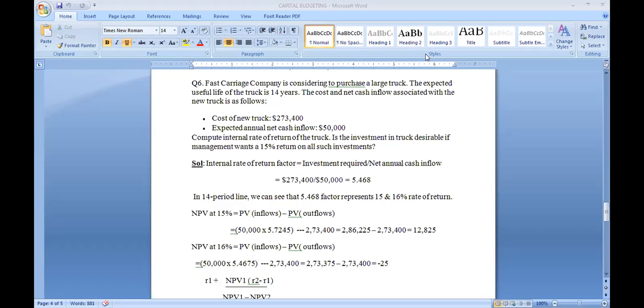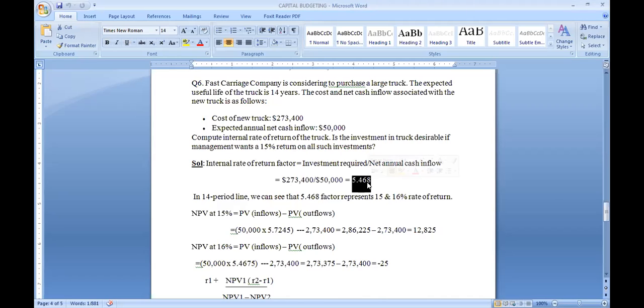So the first thing that you have to do in this case is calculate the payback period. And how do we calculate the payback period? We divide the total cost by the average annual inflow. So we will divide 2,73,400, which is the cost of the truck, by the average annual inflow of 50,000, and the internal rate of return factor, you can say the payback period, comes out to be 5.468.